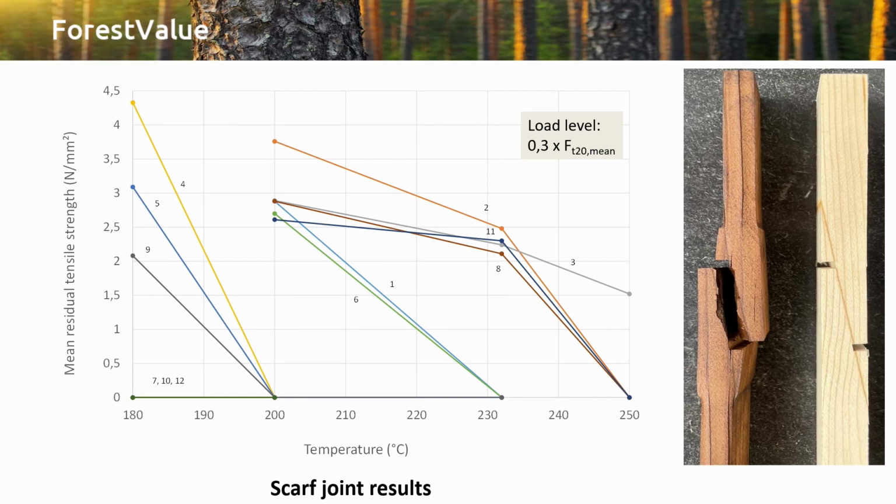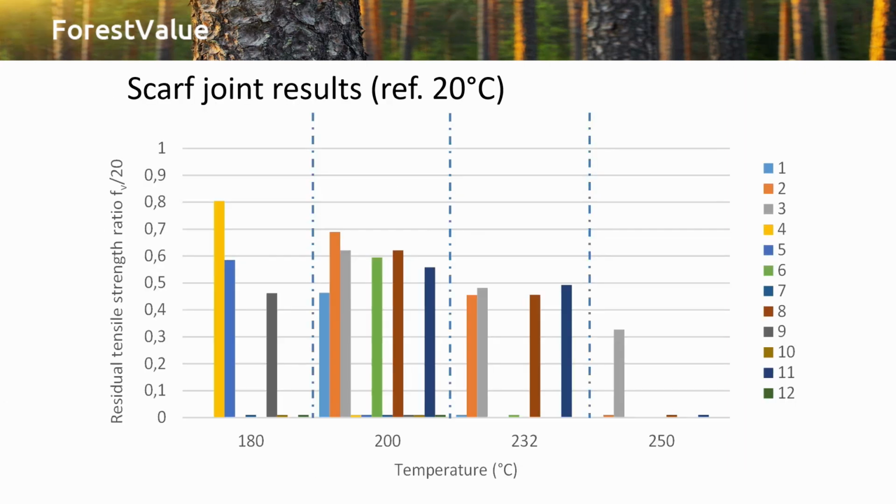And please bear in mind the sequence of failure was very close to the sequence of failure I showed you in the block shear specimens, and it's just the temperature magnitude is shifted somewhat to lower temperatures due to the superimposed loading.